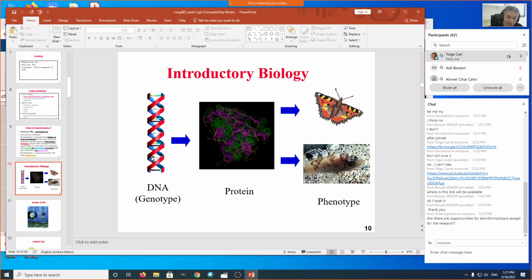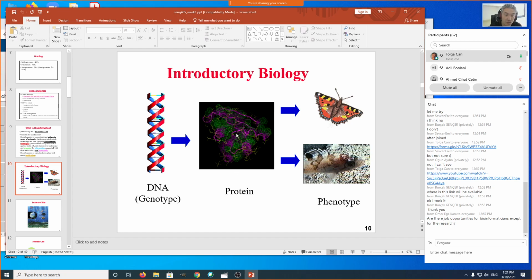DNA is ACGT. Three of those ACGT letters in a frame code for an amino acid, and there are 20 of them. The language of protein sequences is 20 letters, 20 amino acids, and those amino acids in the cell form a 3-dimensional shape like you see here.